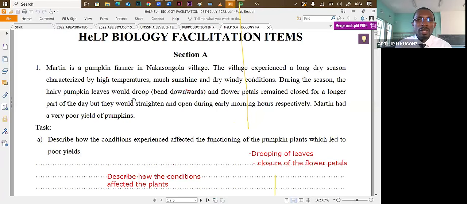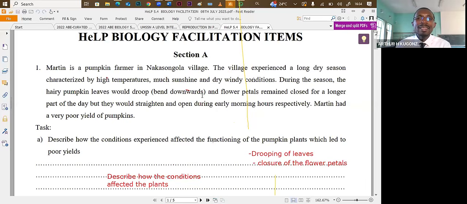Now the question is, what point have we left out? How else did these conditions affect the functioning of these plants? And if yes, what is it? That's now what we have to ask ourselves here.